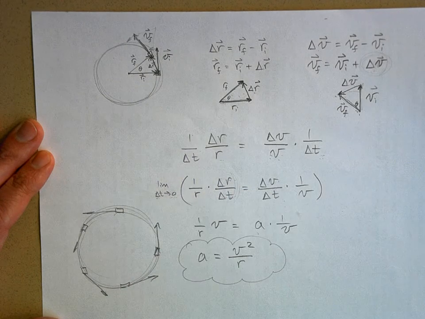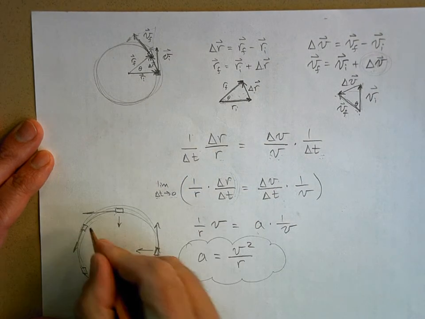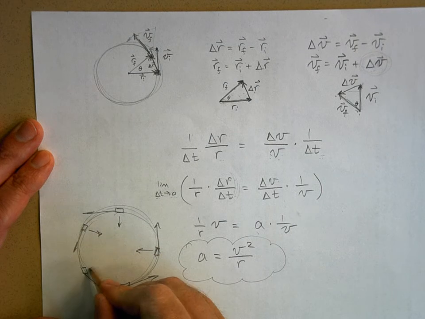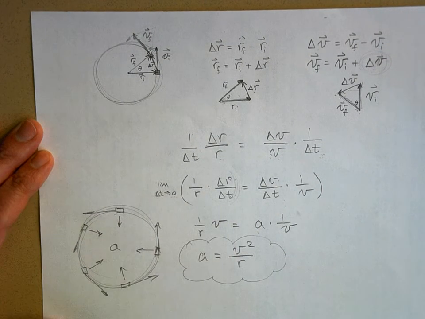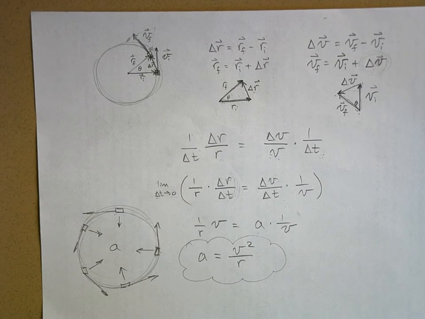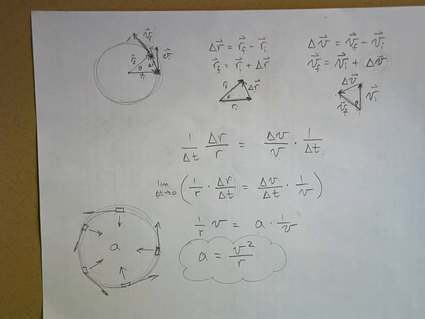Well, here are your acceleration vectors. Your acceleration is always pointed towards the center of the circle. That's why you feel like you're being thrown out the side of the car, but you're not. You're being pulled towards the center of that circle. And that acceleration is called centripetal acceleration.